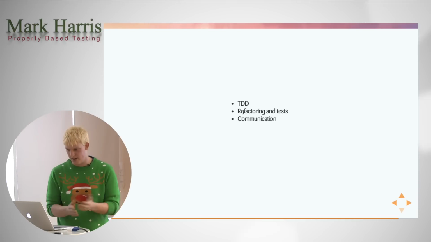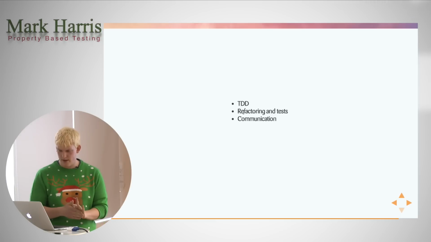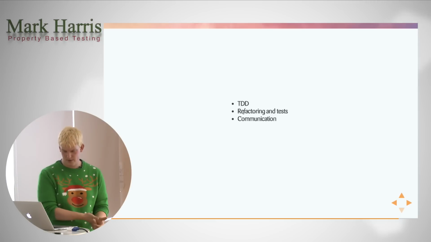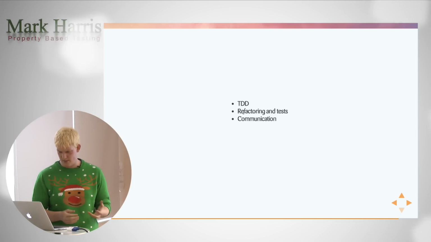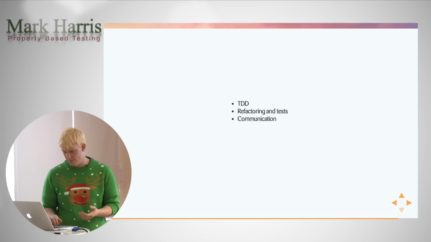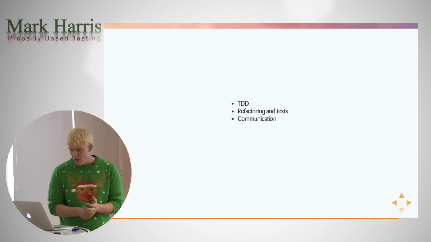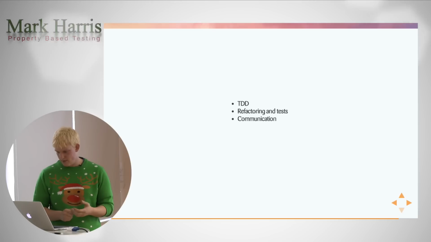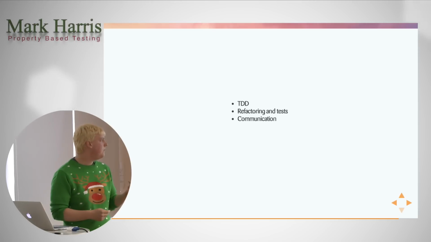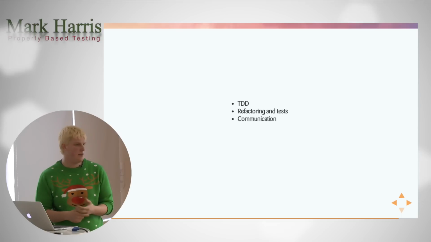We have, as I said a second ago, refactored some existing tests to property tests to try and make them more maintainable. We haven't found them to be terribly good for communication.